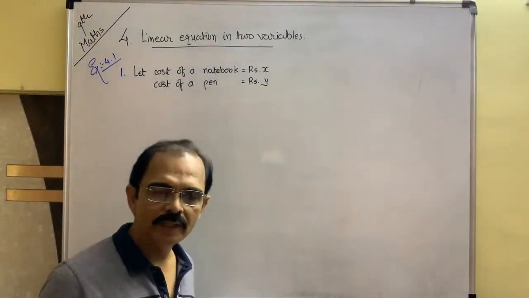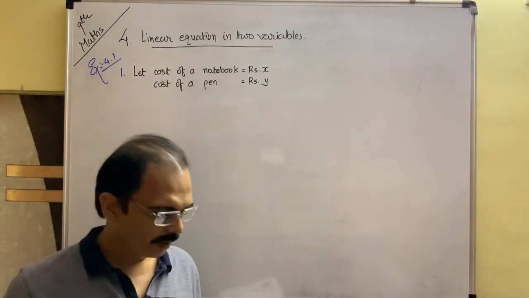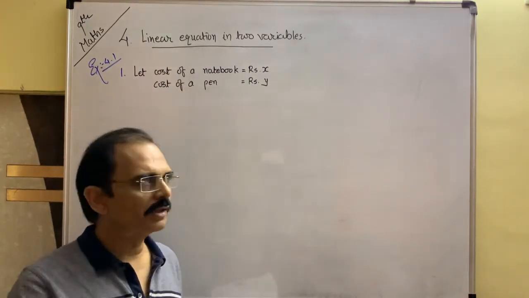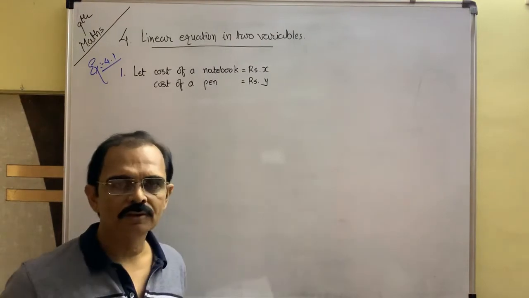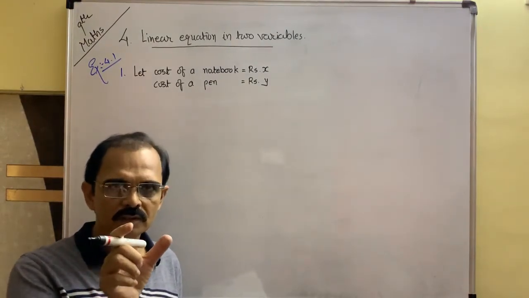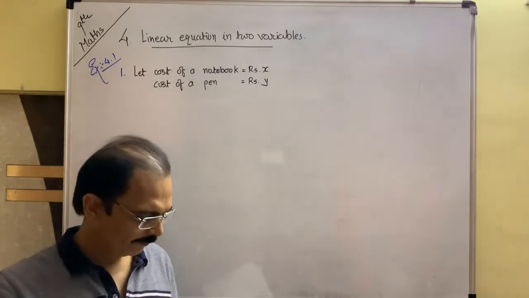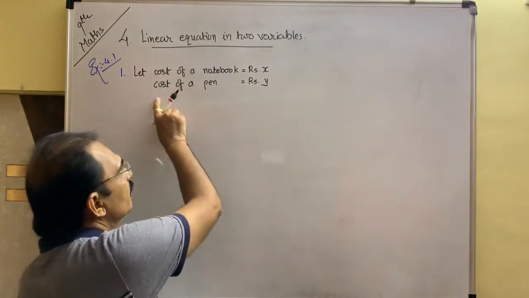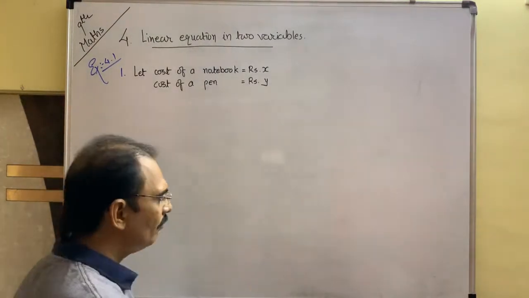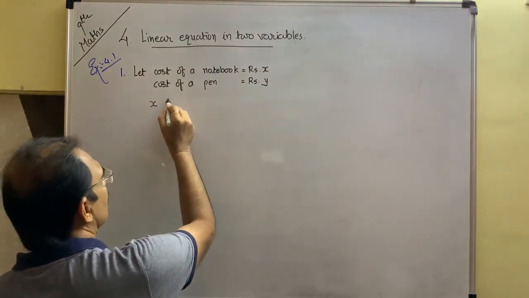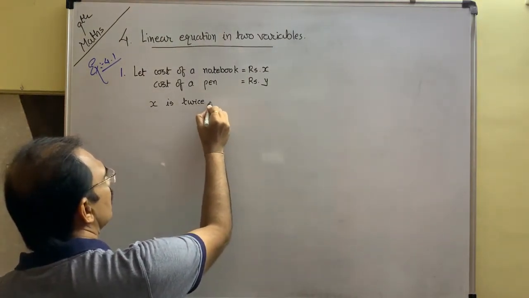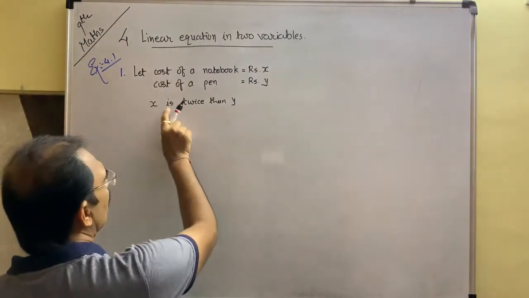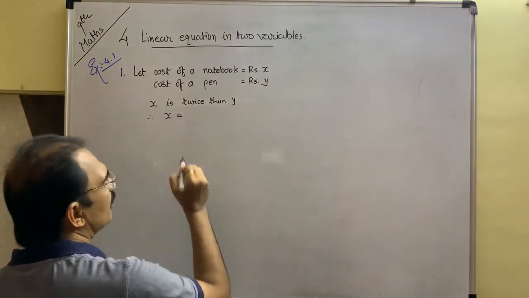You have to suppose two variables always and then form the equation. The statement is: cost of a notebook. In mathematical language, cost of a notebook means rupees X. So rupees X is twice the cost of a pen, and instead of cost of a pen, say rupees Y. So X is twice Y. Is means verb, and wherever there is a verb, always write equals to.